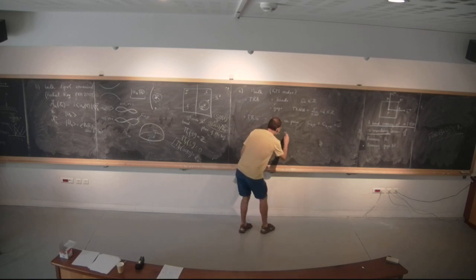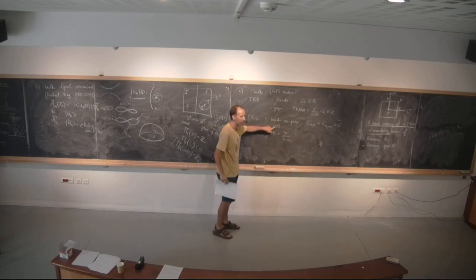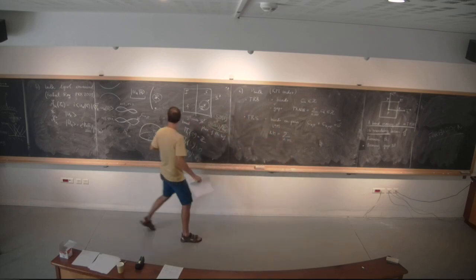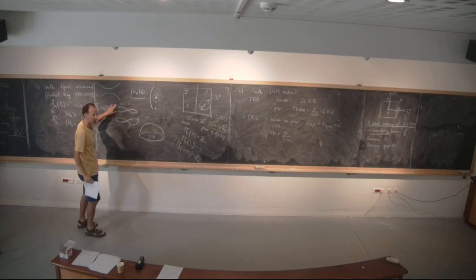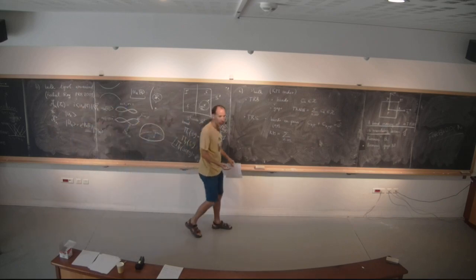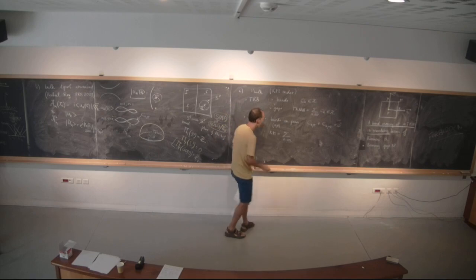You simply need to sum over each pair of bands. Now n labels pairs of bands. That's pair number 1, that's pair number 2. And you only sum the positive member in the family.